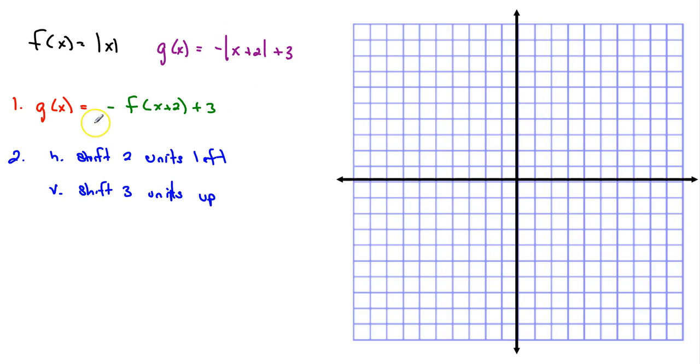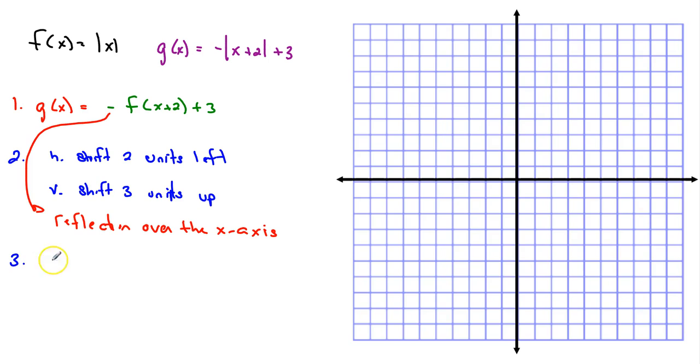The negative sign in front is a reflection over the x-axis. And we'll graph that in a moment. We'll see what that looks like.